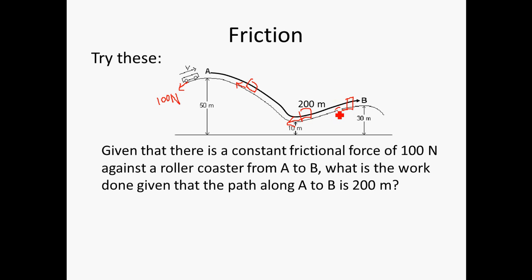As such, the distance traveled will have to be along this path, not the height and not the horizontal distance. So the work done will be simply 100 Newton, which is your frictional force, multiplied by 200 meter, because this path is going to be the distance traveled under the constant friction.